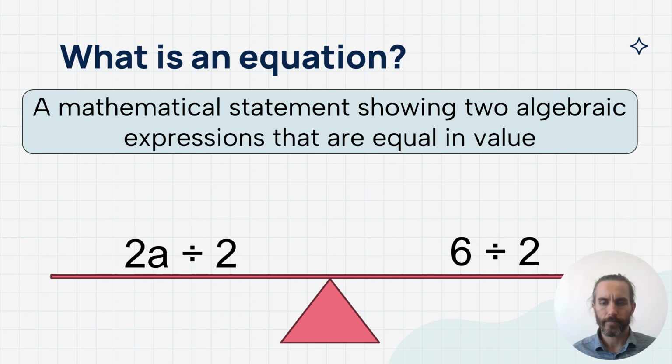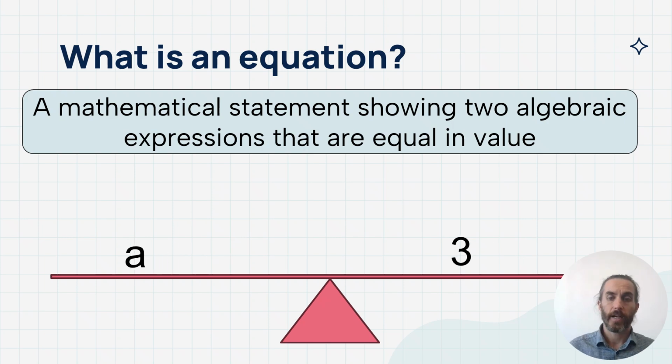Divide by 2 over there. Let's simplify this. 2a divided by 2 is just a, and 6 divided by 2 is just 3. So we get a equals 3. So we started with an equation that was equal, and we didn't know what a is, and by applying some inverse operations, we found what a is.